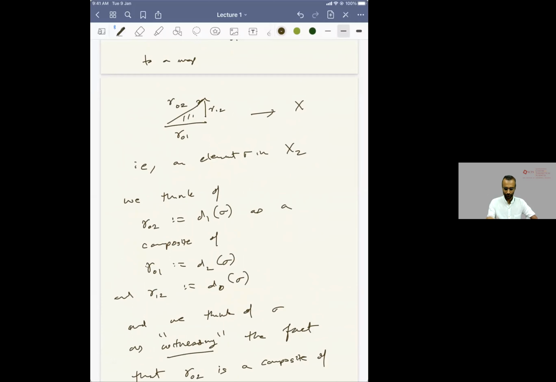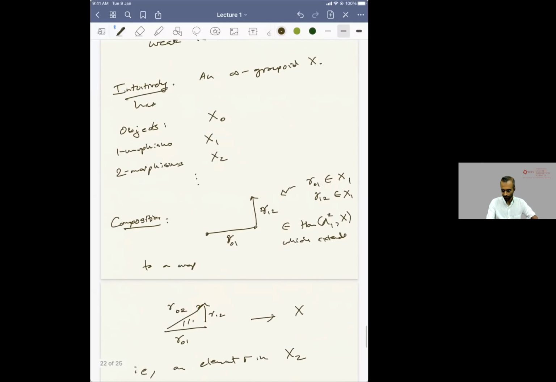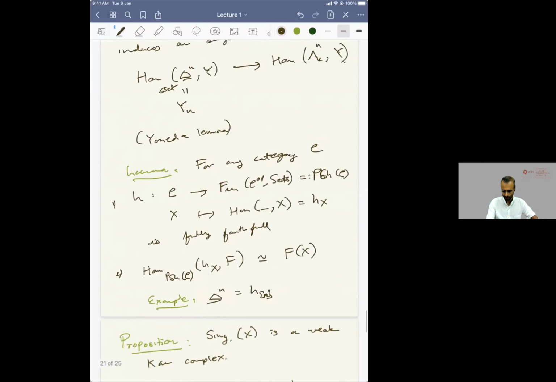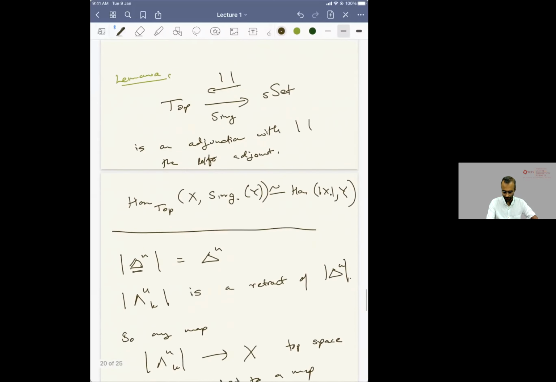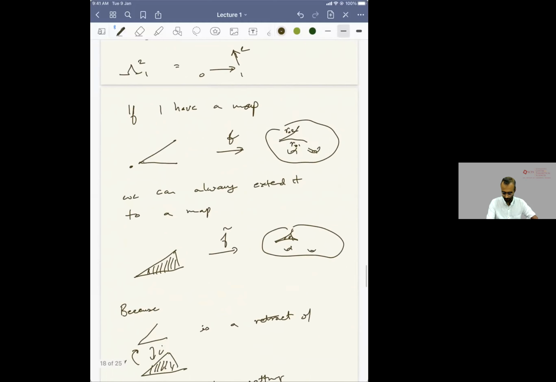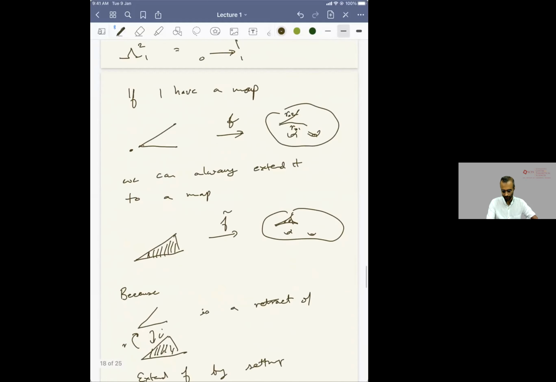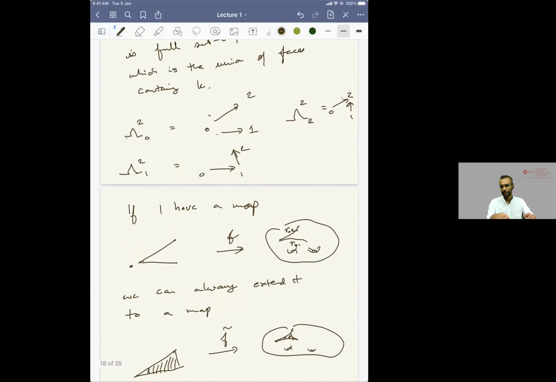So if you haven't seen categories and pre-sheaves and so on before, it might be a little new, but the basic idea is contained in these pictures that I'm drawing, which is to say that you're trying to define a composition. You're trying to model paths and homotopies between paths in the space, and you're modeling that combinatorially by saying that you have points.